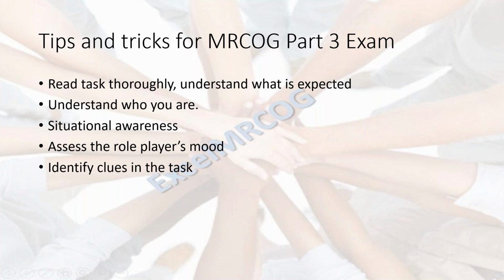Like, for example, there would be a patient in early labor with floating head. Why would floating head be mentioned if there was nothing extra there? That's a clue. That is something that you need to pick on, and that is for you to realize that there may be something more which is given. Otherwise, what is the significance of floating head? Maybe CPD, or malposition, for which you have time to assess.